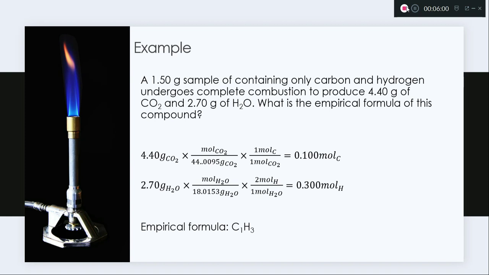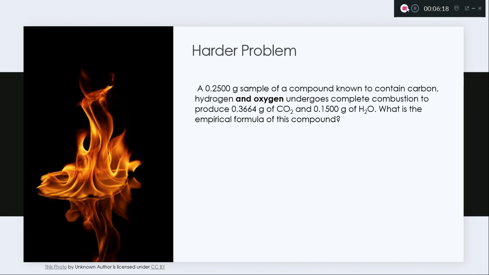We're getting it from how many moles of carbon dioxide you have and how many moles of water you have that you've collected as part of the reaction, and that goes back to your number of grams or moles of carbon and hydrogen.